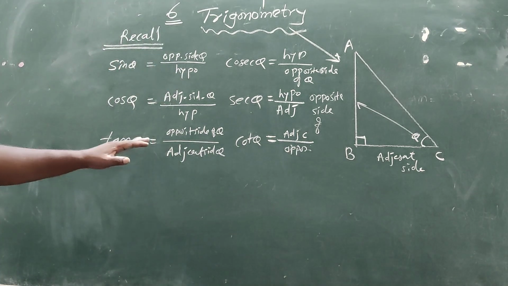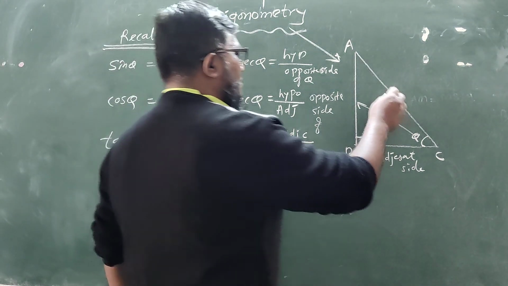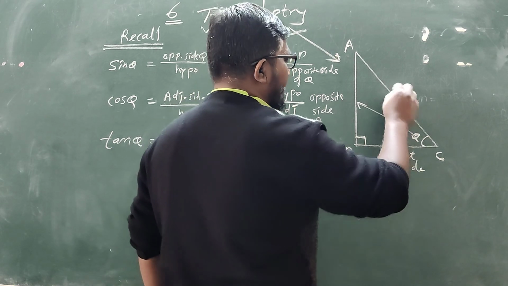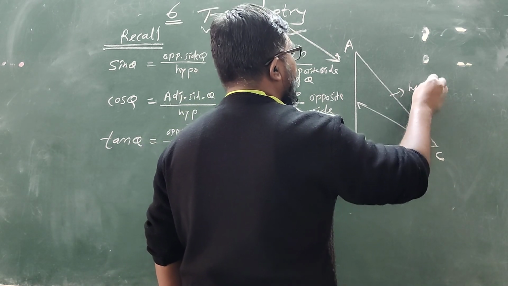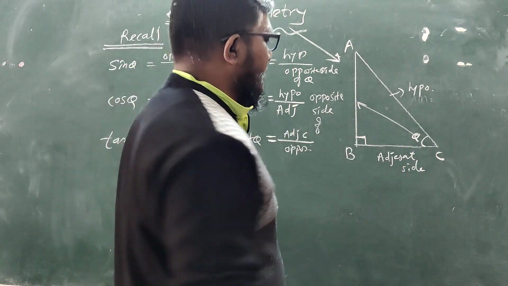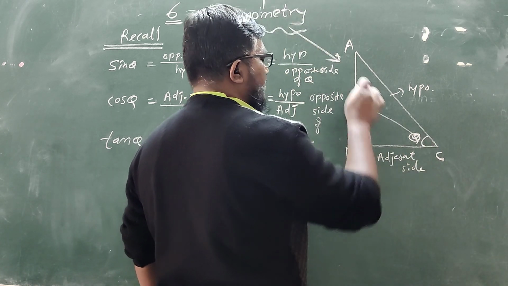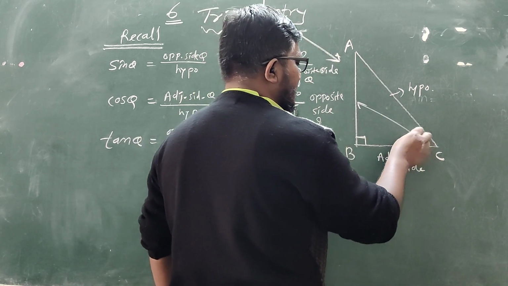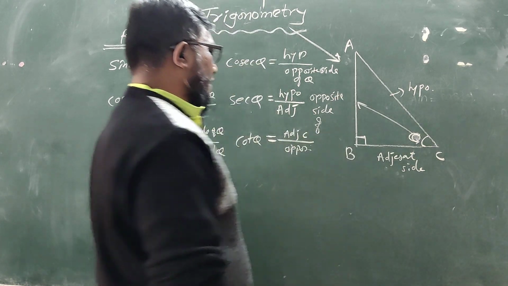Now, all students have to remember this thing, and the remaining side in this triangle, which is in front of the 90 degree angle, is the hypotenuse. The side on which theta is lying, one side of the triangle, is the adjacent side, and this is the opposite side.